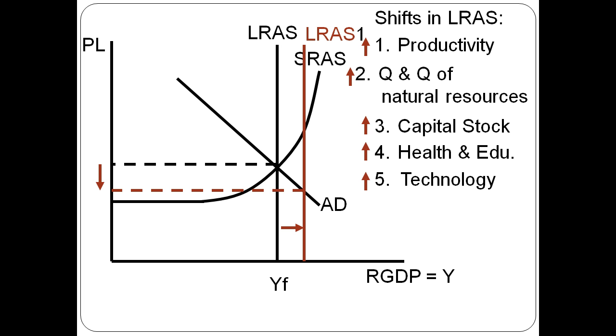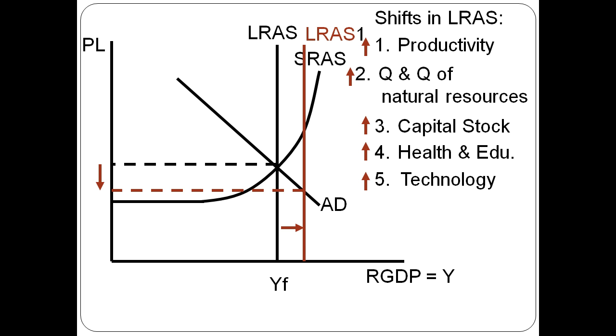So one thing I do want to differentiate for you guys. Changes in productivity, quantity and quality of natural resources, capital stock, health and education, and technology are going to shift the long-run aggregate supply curve. Remember, the short-run aggregate supply curve is changed by input prices, legal institutional environment, and the only thing that overlaps is productivity.